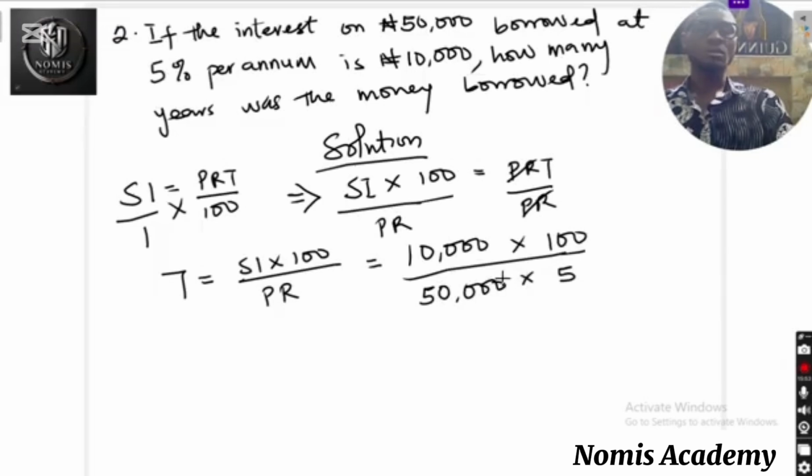So 0 cancels 0, 0 cancels 0, 0 cancels 0, 0 cancels 0. So we are left with 1 here, and we are left with 5 at the side. So T becomes 1 multiplied by 100, that is 100, over 5 multiplied by 5, which is 25. So 100 divided by 25 is 4 years. So the money was borrowed for 4 years.